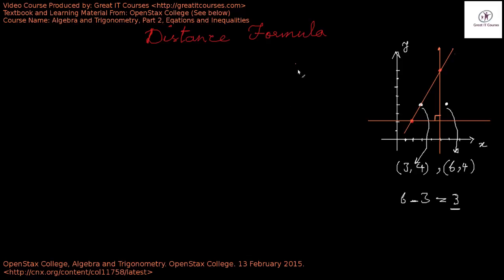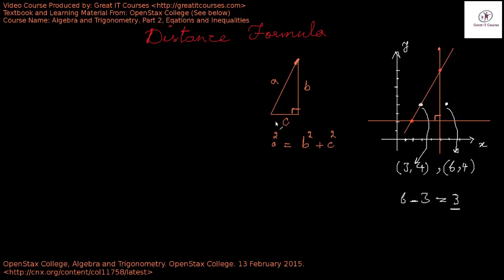You know that the Pythagorean theorem is all about right triangles. So if you have a right triangle like this, based on the Pythagorean theorem, if I call this A, for example, this B and this side C, always A squared is equal to B squared plus C squared.